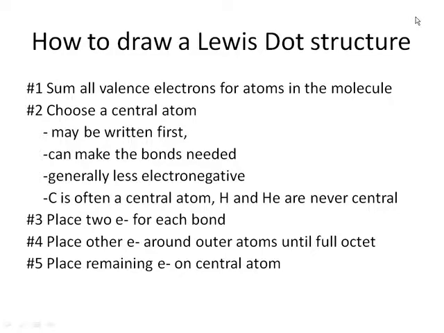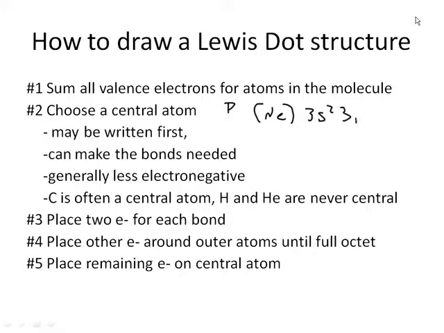So if we did the electron configuration for phosphorus using the noble gas shortcut, it would be [Ne] 3s2 3p3.